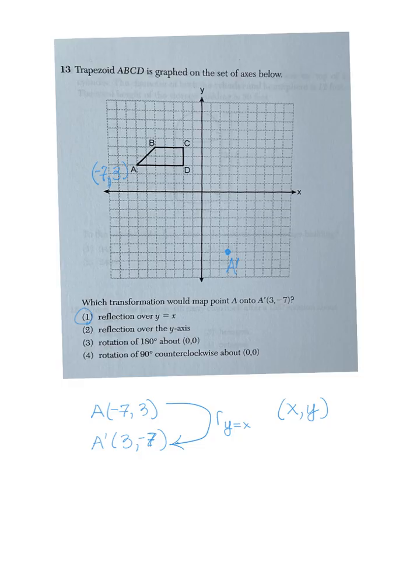So, for example, in this case, X is -7 and then Y is +3. So this XY will go to YX. That's the rule for a reflection in the line Y equals X. You just switch the X and the Y around. So when you see that happening, which we do right here, that's a reflection in the line Y equals X. Okay, that's just a memorizable rule.